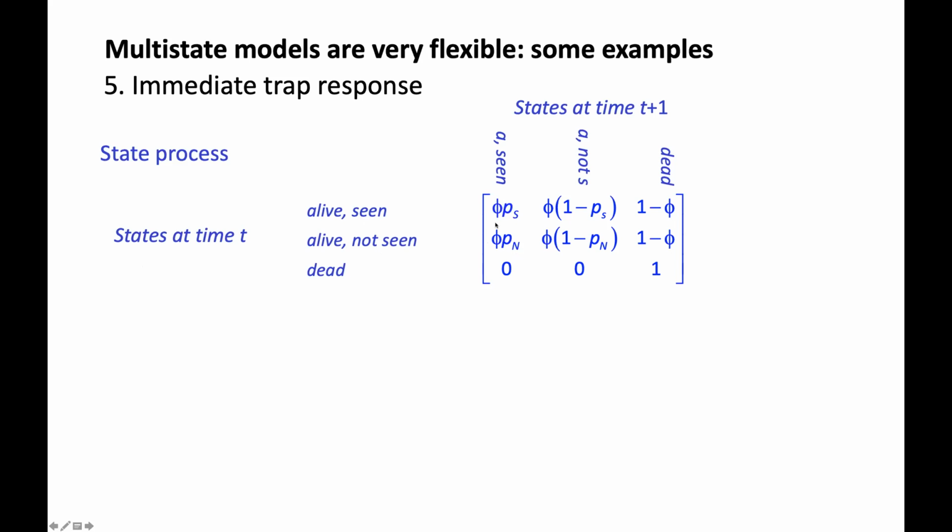So it's kind of mixing the state process, the survival, and the observation process with the detection here. But the thing you need to remember is that by doing that, you distinguish the 2 detection probabilities according to whether you were captured or not the occasion before. And this is how you deal with immediate, meaning first order, trap response.